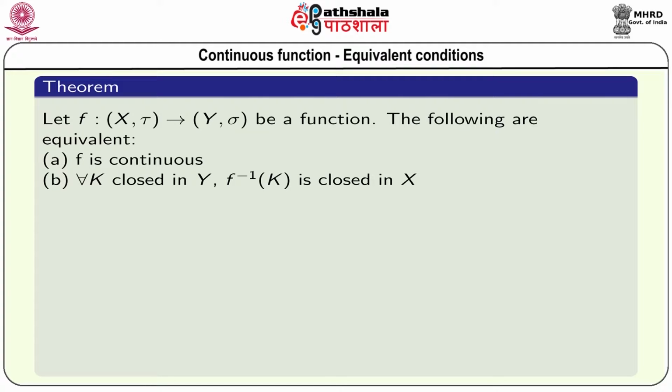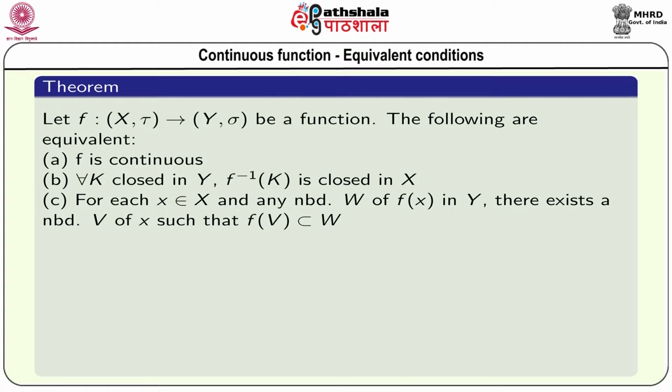A: The function f is continuous if and only if for every closed set K in Y, f inverse K is closed in X. B: That is, if and only if for each point x in X and any neighborhood W of f(x) in Y, there exists a neighborhood V of x such that f(V) is contained in W.